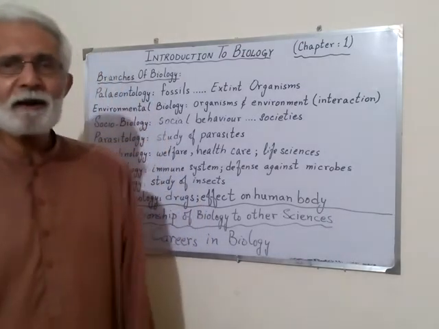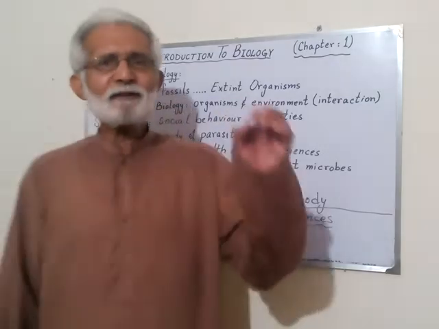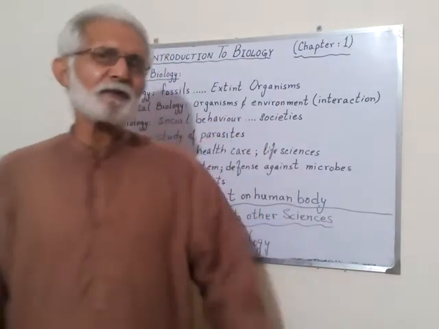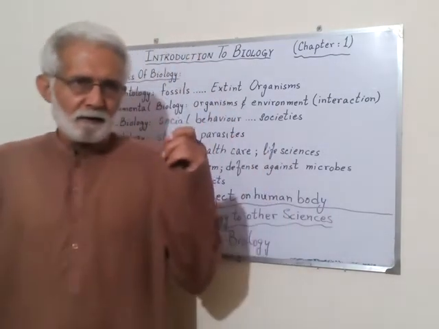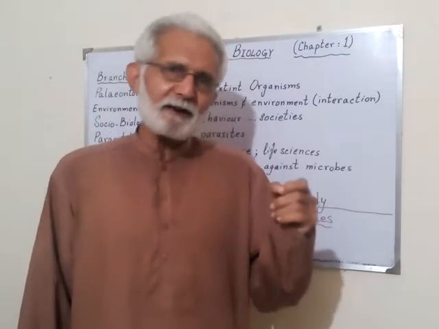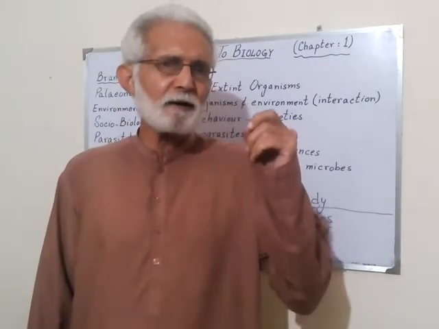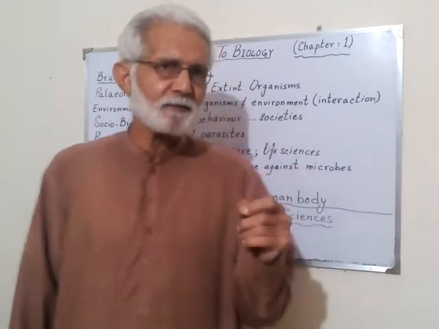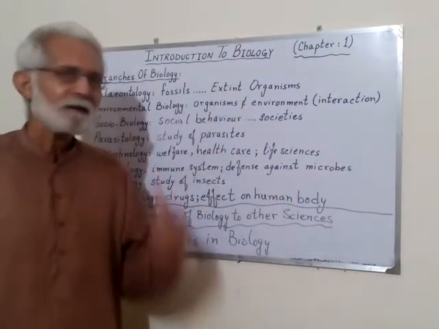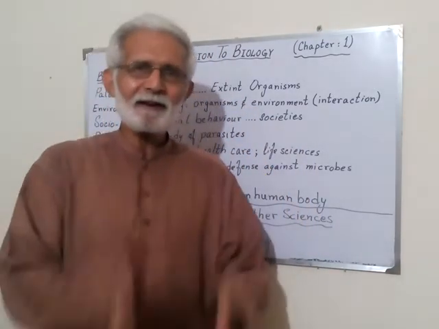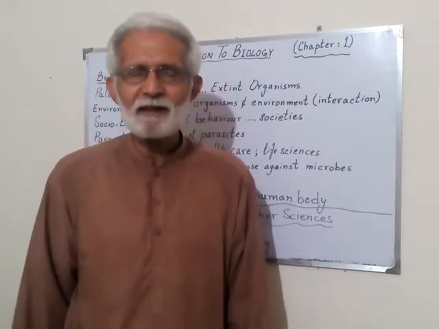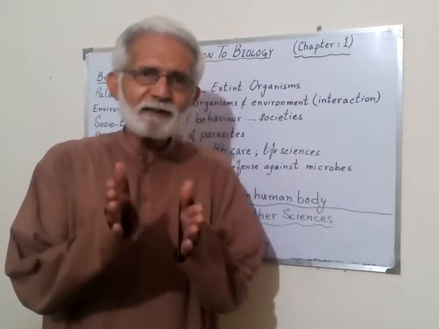Then comes immunology. Today you all are hearing about the immune system because of this COVID-19. What doctors say about COVID-19 is that the person who has the best immune system, COVID-19 can't do anything to that person because the immune system is strong.